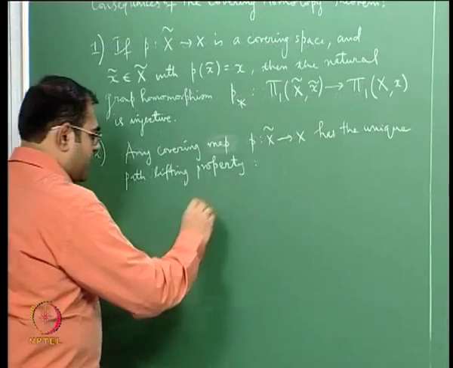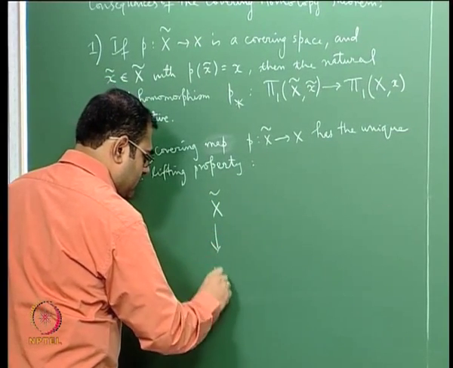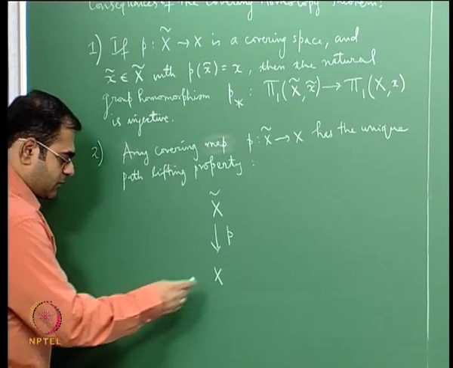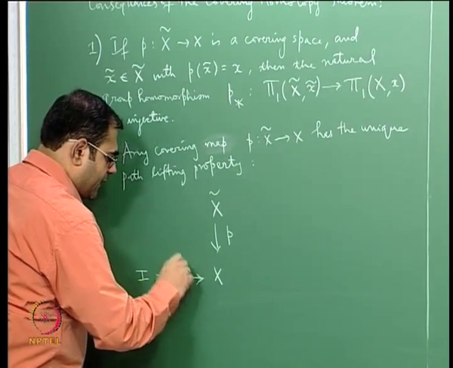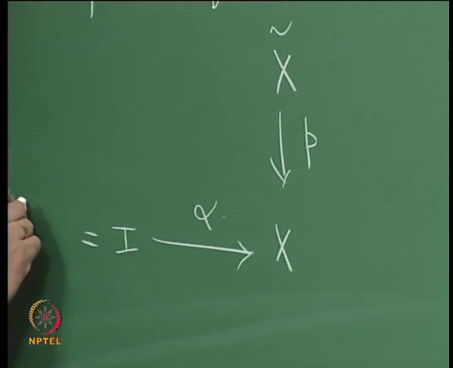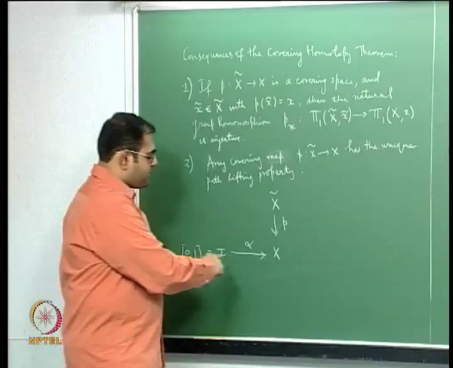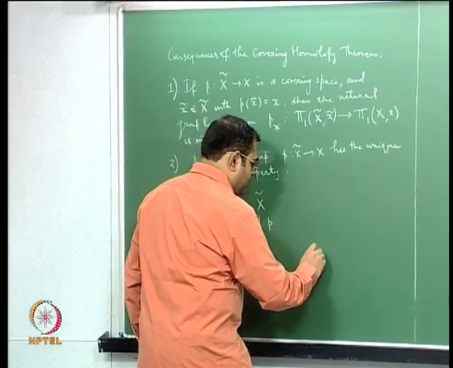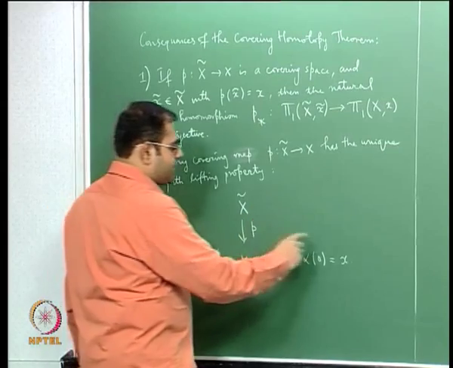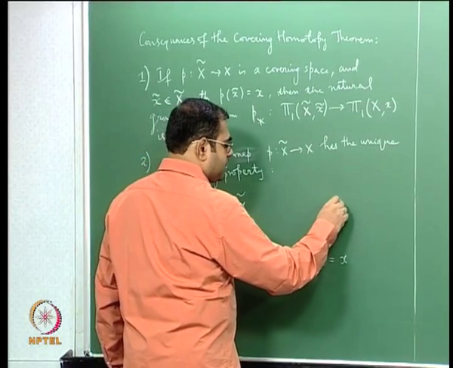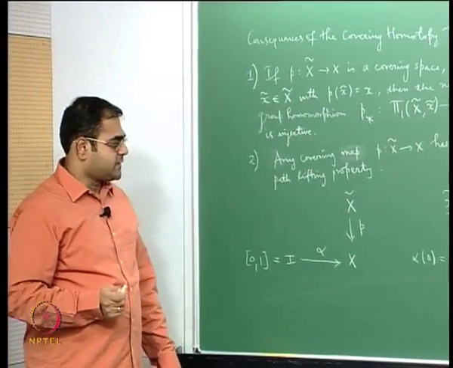So if I draw a diagram, you have x tilde here, you have x here, and this is the covering map, the so called covering projection. Suppose I have a path alpha in x, where I is the closed unit interval in the real line, and suppose the path starts at the point x in x, and suppose I am given a point x tilde which lies above the point x under the map P, so P of x tilde is x.